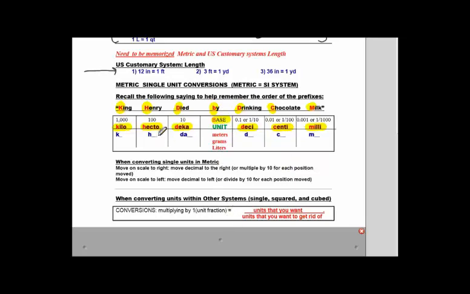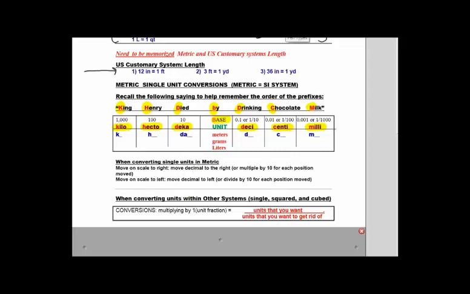And then as we convert from one to the other, as you move on the scale to the right, you're going to move the decimal to the right. And as you move to the right, you're multiplying by 10 for each position. And if we move from one unit to another and we're moving left, we would move the decimal place to the left, and that would mean that we're dividing by 10 for each position moved.